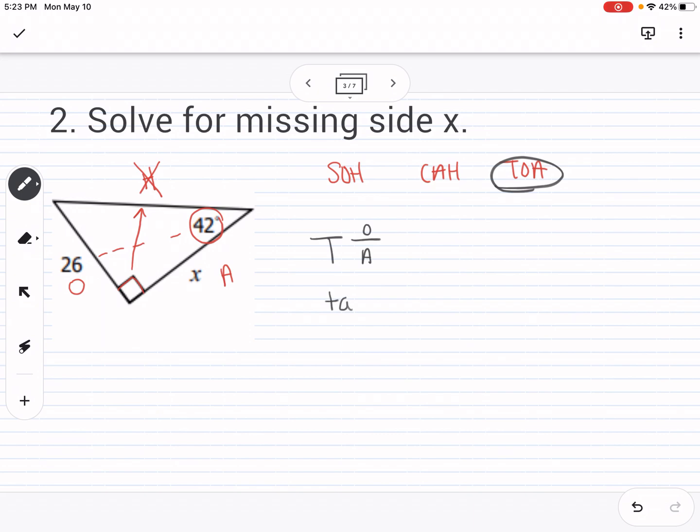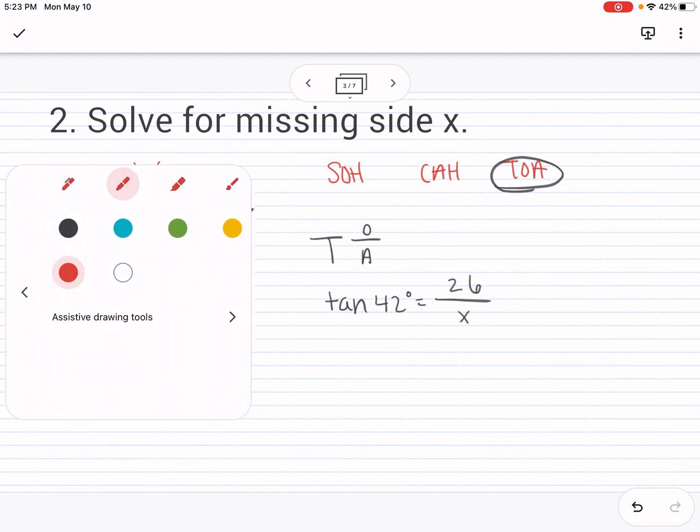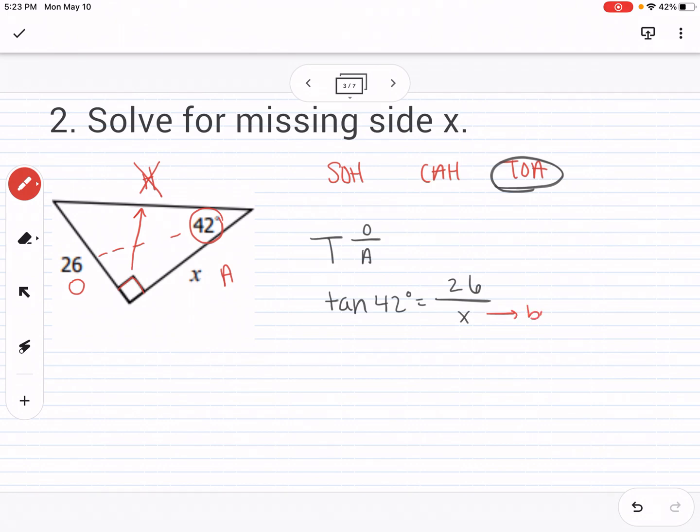So tan, and then our angle in the picture was 42 degrees, equals O, which was 26, over A, which is X. This time, X is on the bottom. When it's on the bottom, you divide. So instead of 26 times tan 42, this time it's 26 divided by tan 42. The one with the words always goes last.